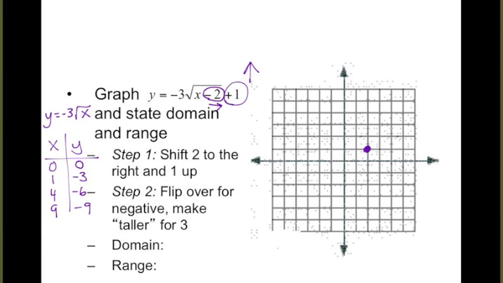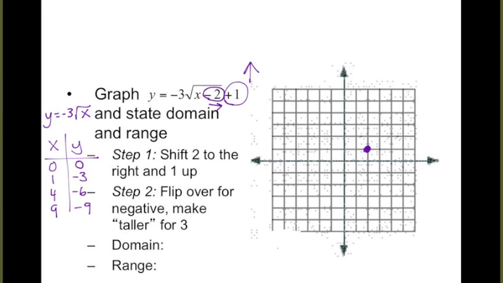Now when we plot these points, you are not going to plot them from the original origin. Okay, so 0, 0 is not the original origin. These are going to be plotted from the shift point, pretending like that's the origin. So we're going to pretend like that point that's already marked is our origin and plot from there.